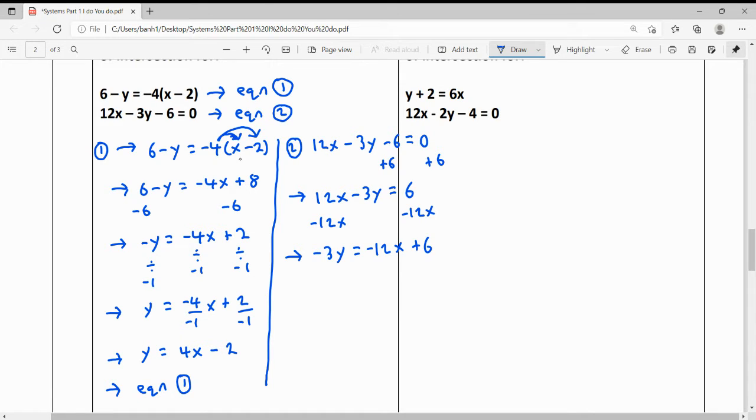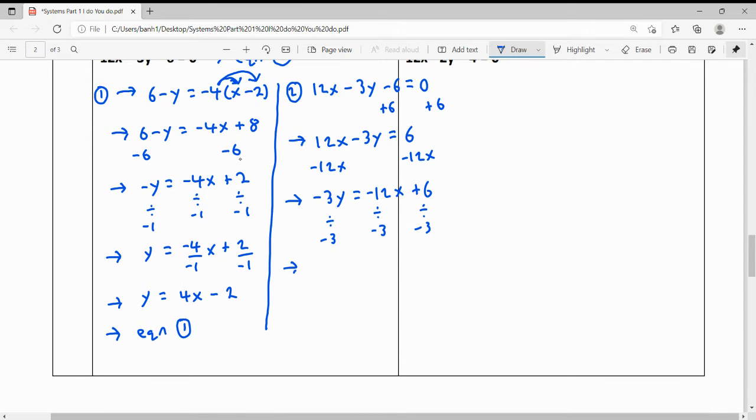Now I just want y by itself, so I'm going to divide everything by negative 3 in order to cancel out negative 3y. If I divide everything by negative 3, what I have left is y on the left-hand side, and on the right-hand side, negative 12 over negative 3x plus 6 over negative 3.